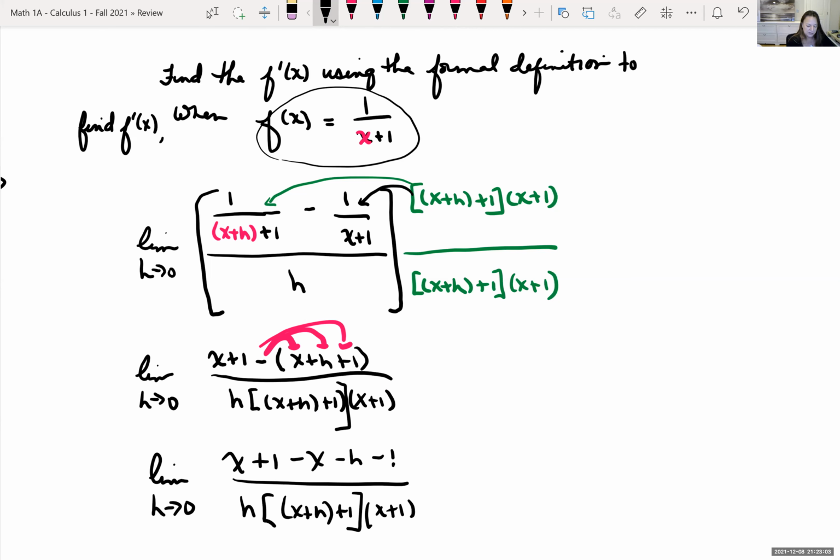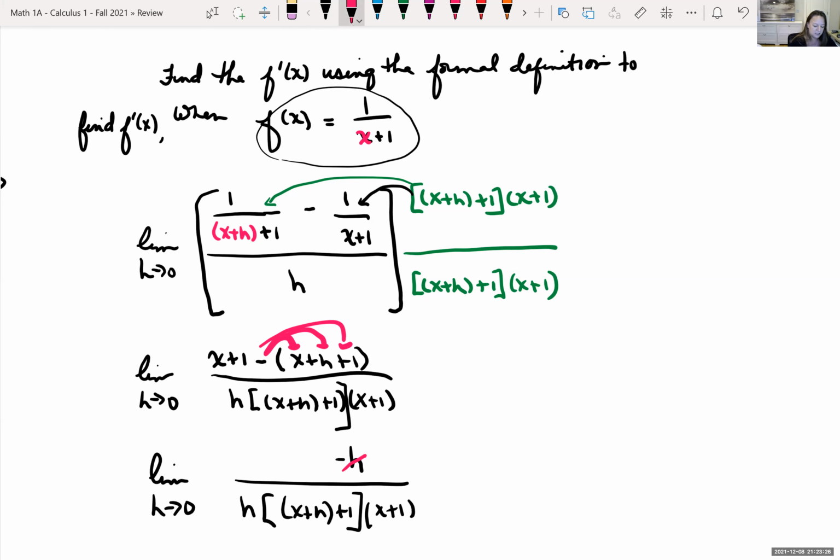So notice things cancel out. We have a positive 1 and a negative 1, so those disappear. We have an x minus an x, so those disappear. So after combining like terms in our numerator, all we're left with is that negative h all over what I just said before.